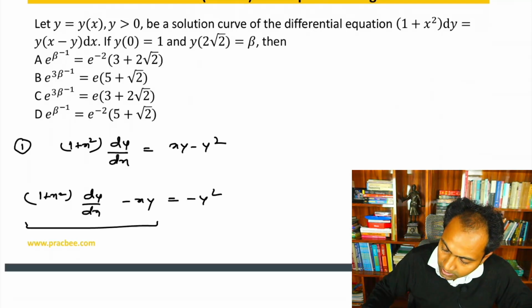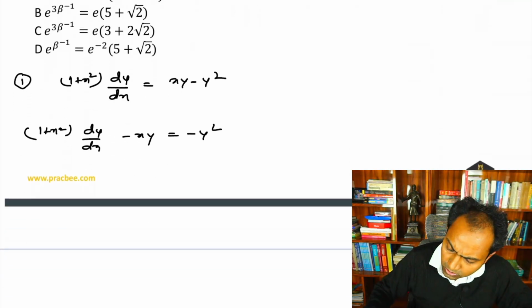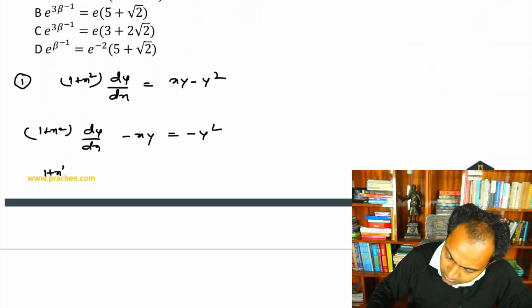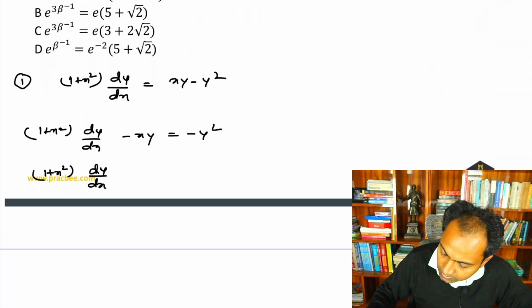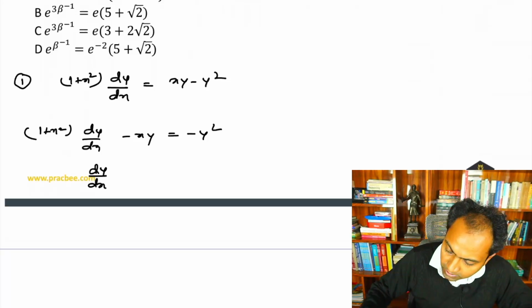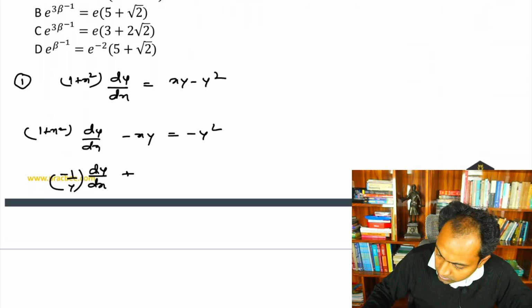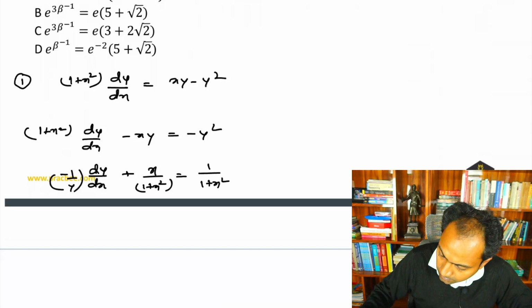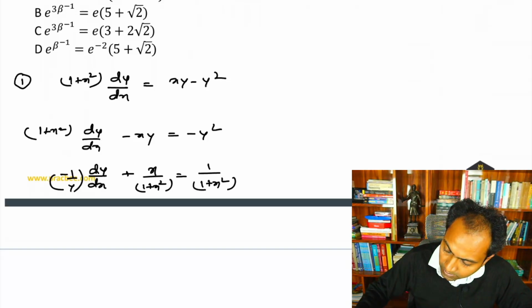So in order to make it Bernoulli, and we'll always follow the process instead of a result, we can write it as 1 plus x square dy by dx, and we'll rearrange the terms a little bit. So what I will do is I will divide by y square. In fact, minus 1 by y square. So this will become x by 1 plus x square. We have rearranged the terms a little bit. And you have a 1 by y here as well.